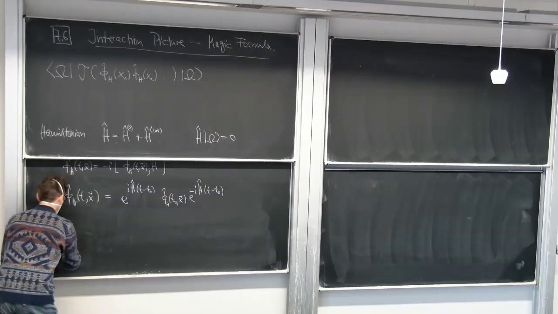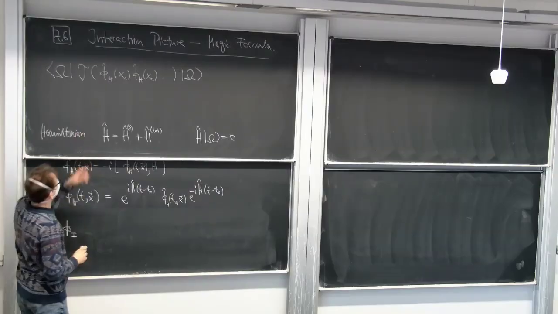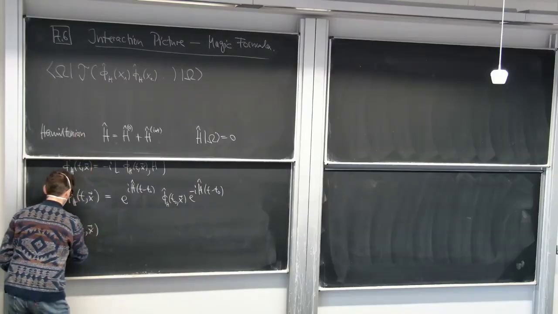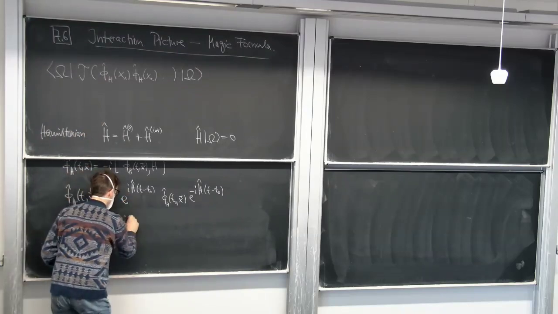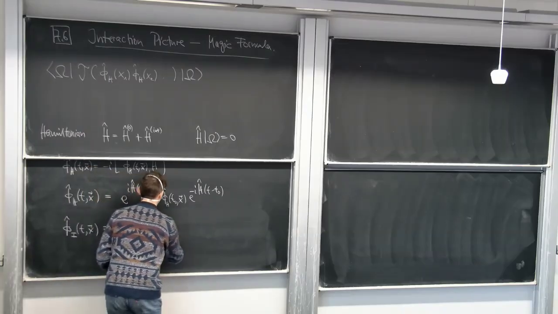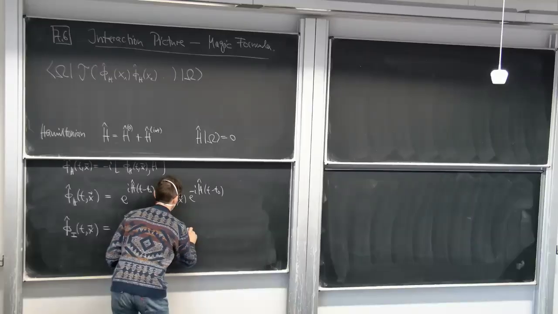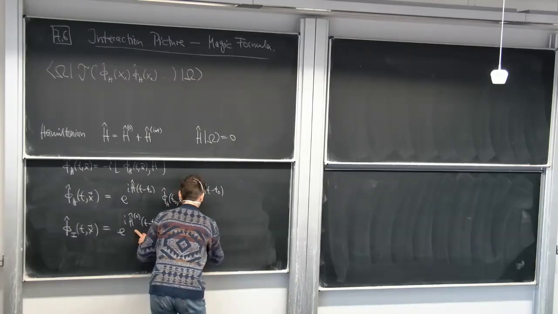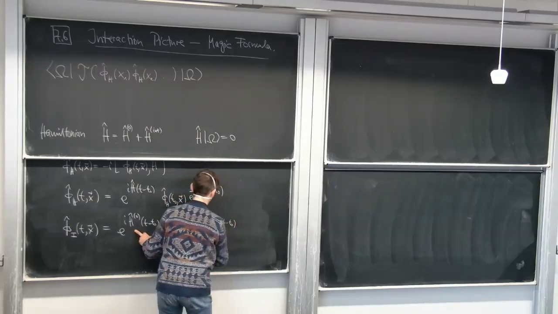So we just define, and we call it I, for interaction picture, and we want this at time t to be e to the i H0 (t minus t0) phi I at t0 e to the minus i H0 (t minus t0).